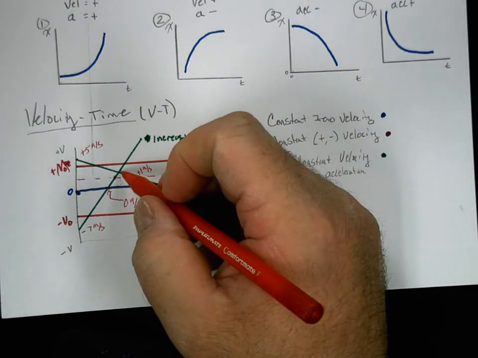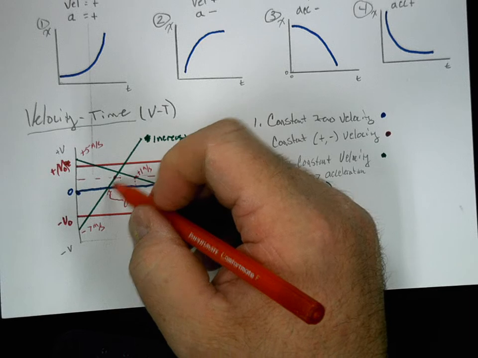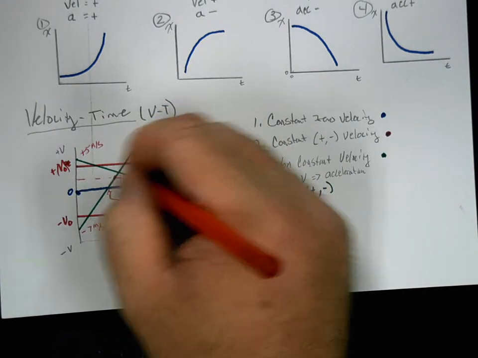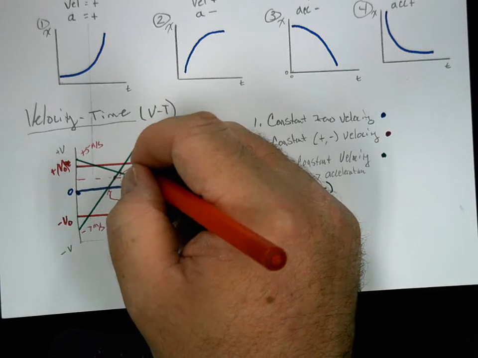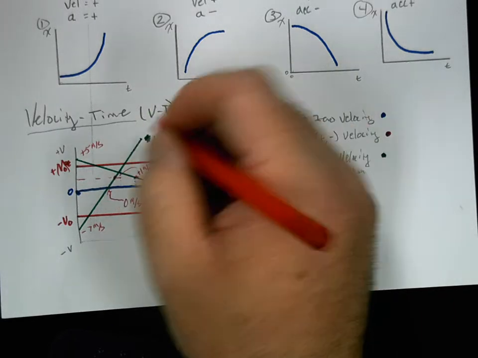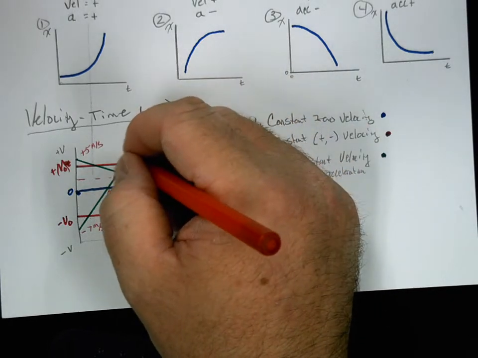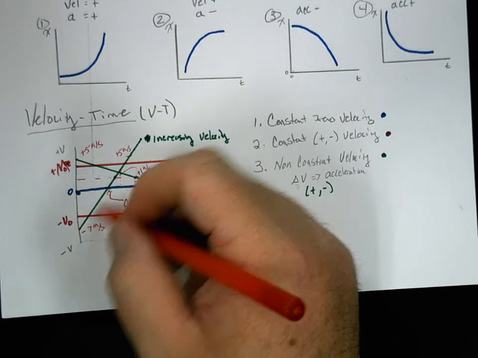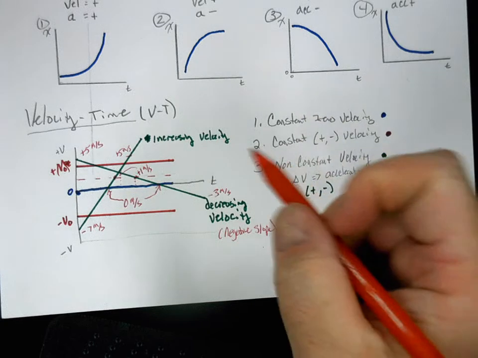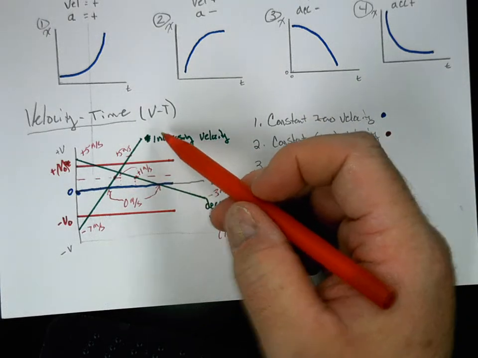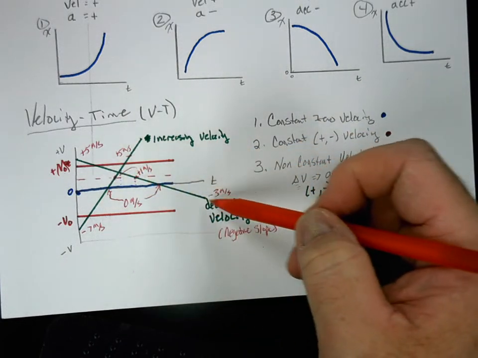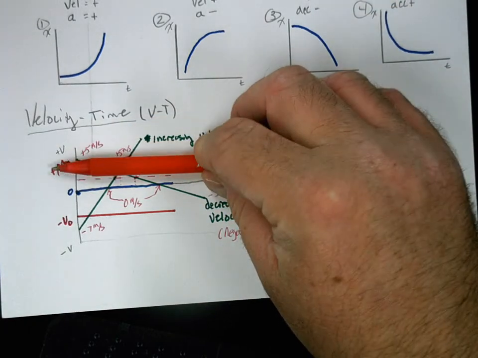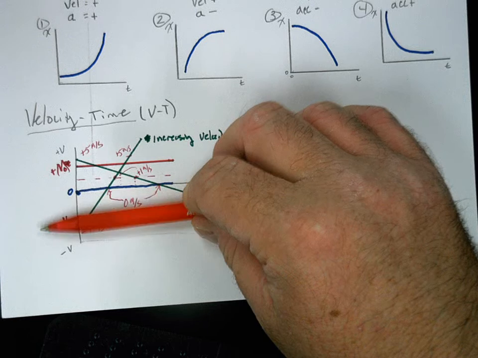But this would then become positive, and up here it would still be that 1 meter per second at that point. And then up here we could be like 5 meters per second again. So we go from negative 7 up to 5. So this would be an increasing velocity. That would be a decreasing velocity. But the horizontal value is what the velocity equals at any particular time for a velocity time graph.